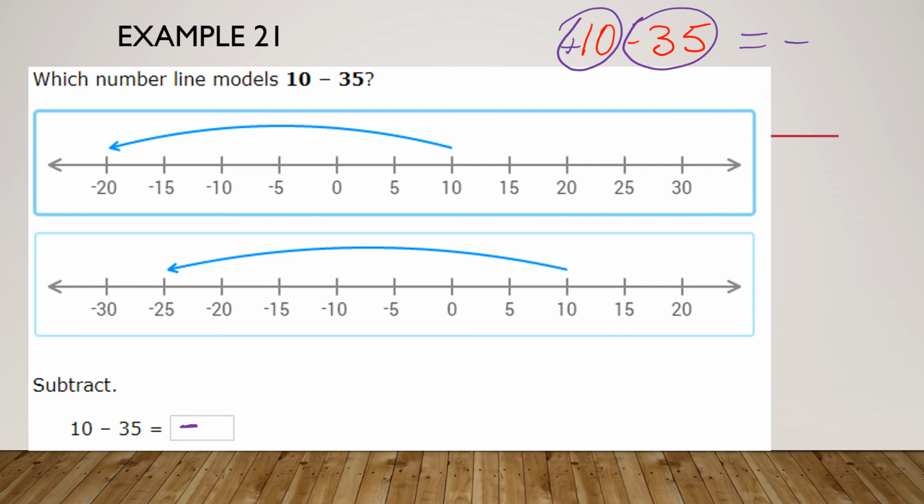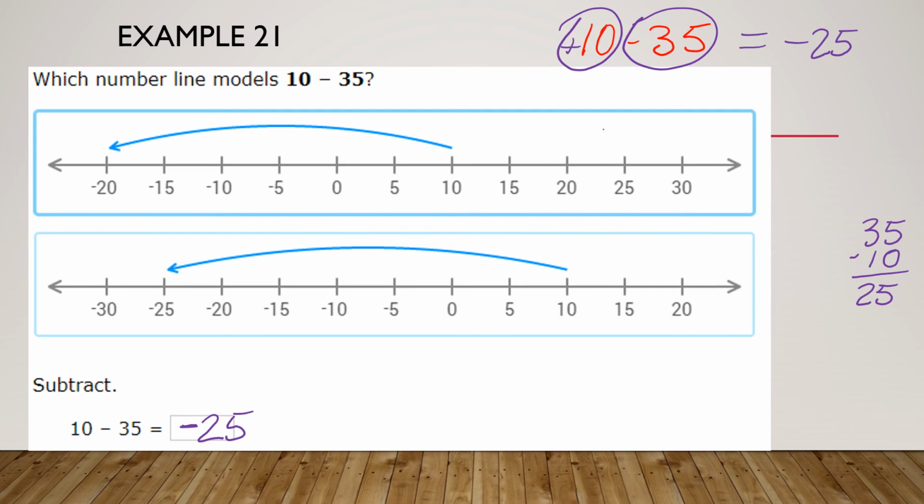So if they have the same sign, we would add. However, this one is a positive and a negative, which means we subtract the two. So 35 minus 10 is 25, and we already know up here that that is going to be a negative 25.